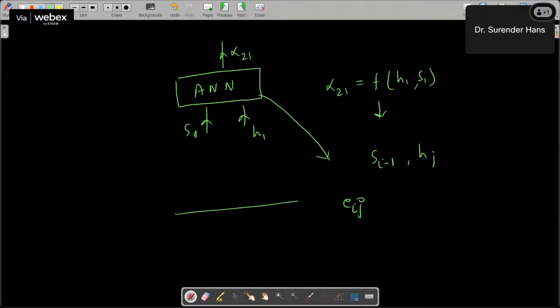Okay, so now here this one is a neural network. I will give this neural network the input S i minus 1 and this h of j, and it will give me the Eij.